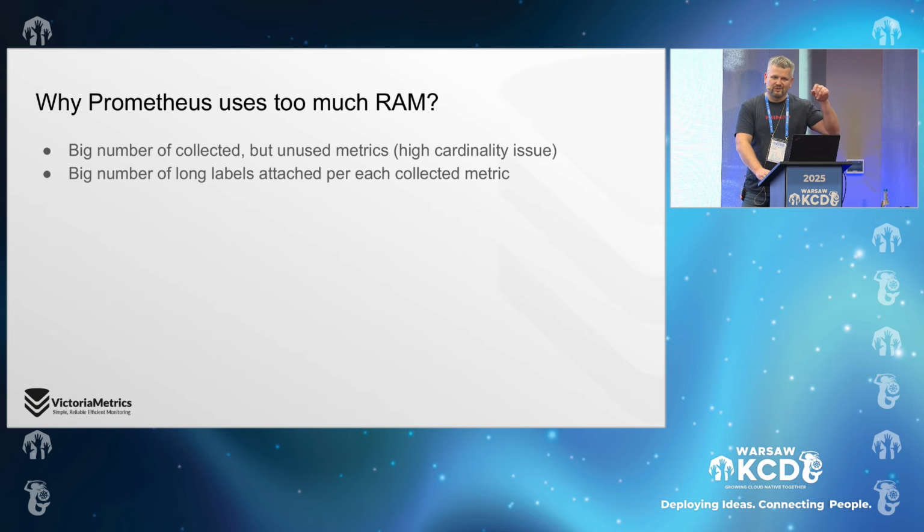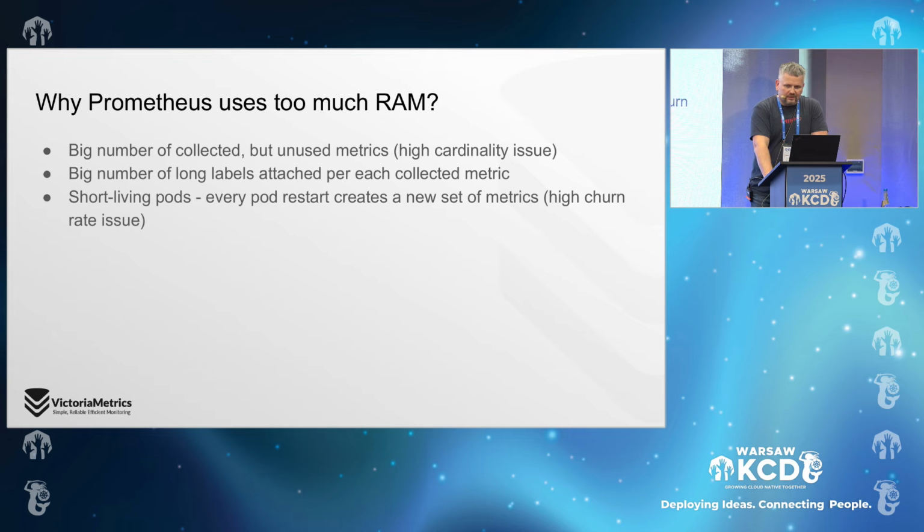It may attach labels which you define per node, per each metric collected from the given pod and from the given node. So the total number of such labels which are attached per each metric may exceed 40, and the total length of these labels per each metric may exceed kilobytes. And this adds up to memory usage of Prometheus, because Prometheus needs to keep this labels information in memory.